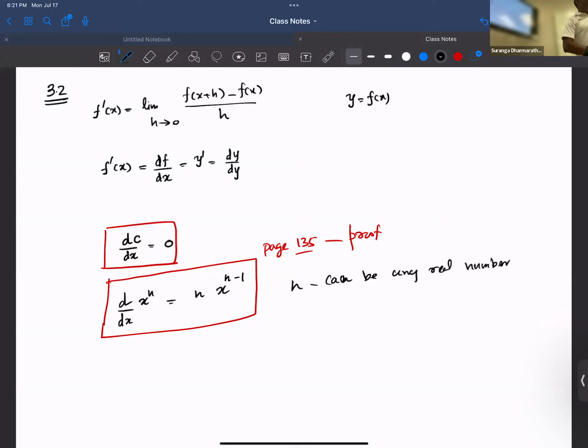How sweet is that, right? So now we can do a lot of functions. We can find the derivative of any polynomial function. Later you're going to learn Taylor's expansion. I don't know whether you learned Taylor series in pre-calculus, you should have.